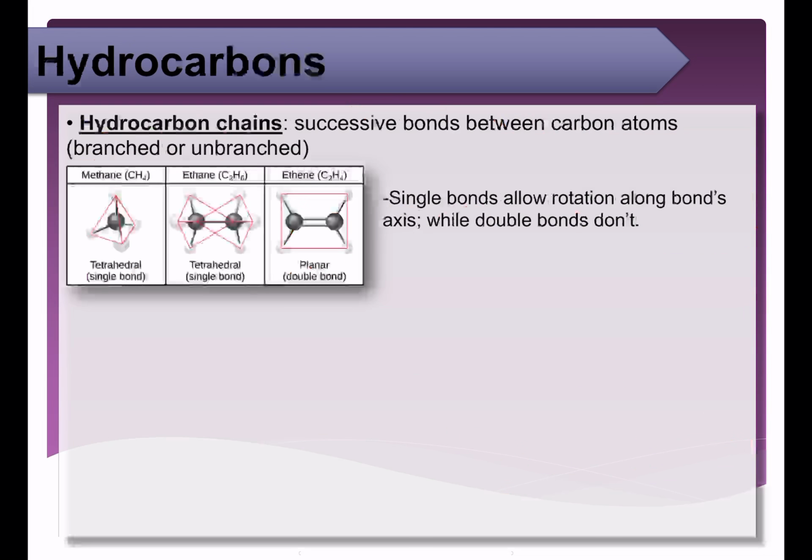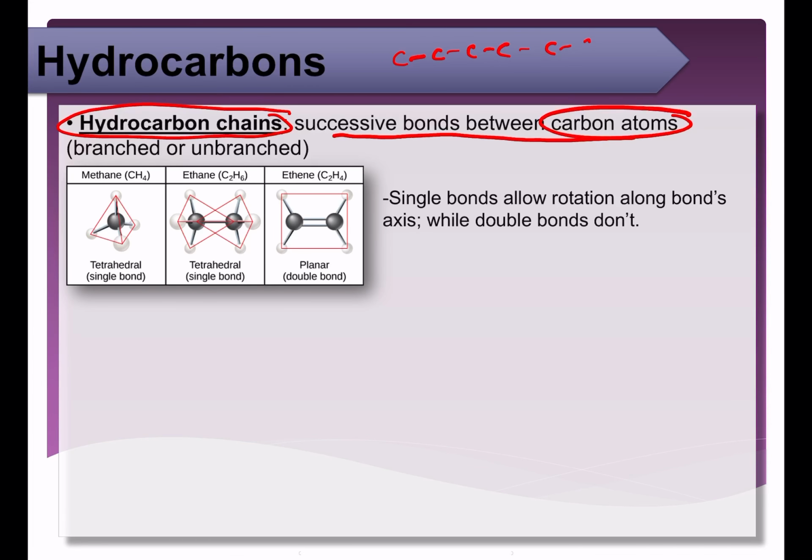So those hydrocarbons that tend to be linear in structure are called hydrocarbon chains. That can be easily remembered: chains are usually linear, like a metal chain. They are linear molecules, and they usually are connected by successive bonds between the carbon atoms. So we're talking about lots of C's connected to each other, and then hydrogens attached to every one of those carbons, and so on and so forth.